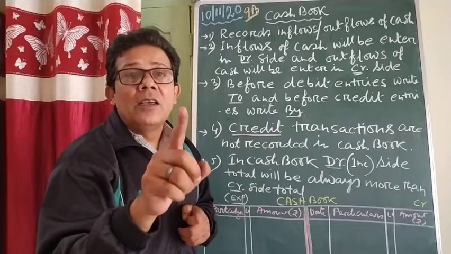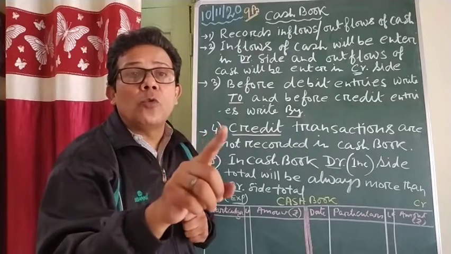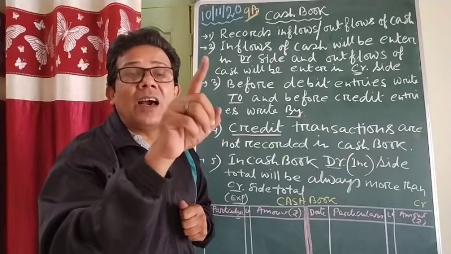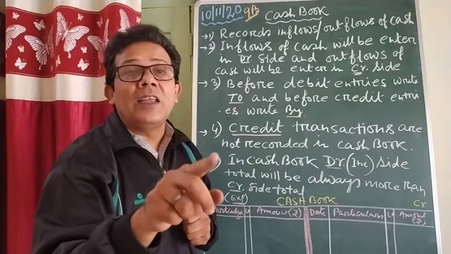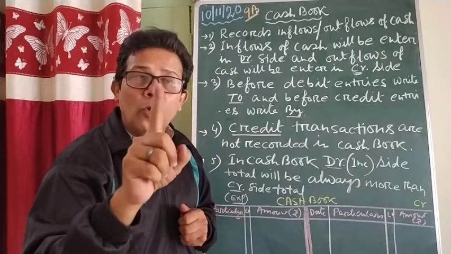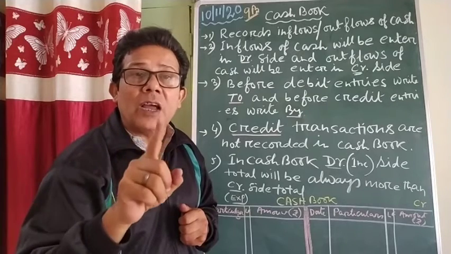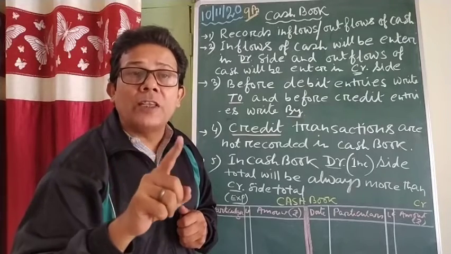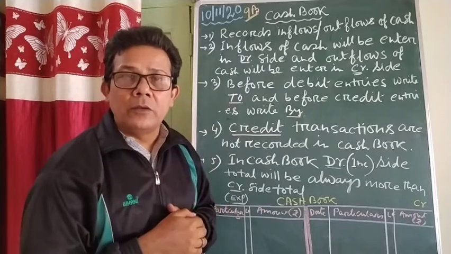That means the balance c/d of the cash book will always be there on the credit side, by writing "by balance c/d". Please remember it. Once more, the total of the debit side of the cash book will always be more than the credit side.